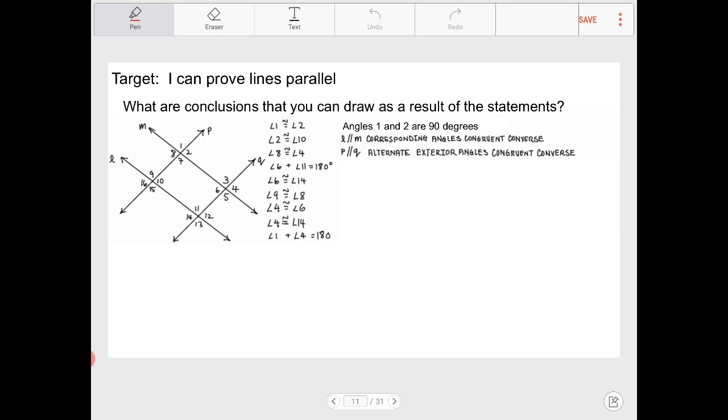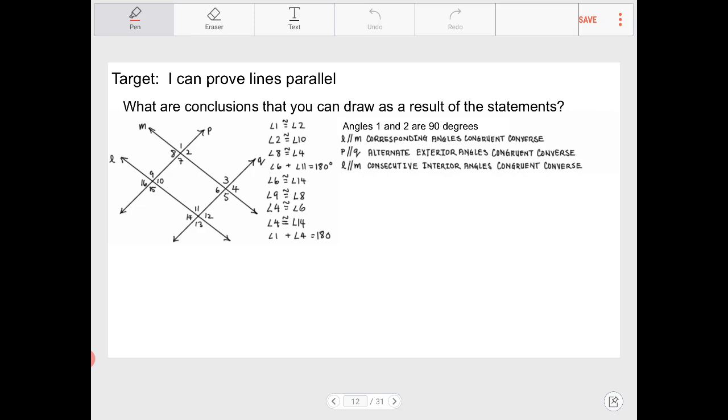Angle 6 and angle 11 are supplementary. Angle 6, which is this one right here, and angle 11, those two angles are supplementary. Those are consecutive interior angles to lines L and M. So once again, I can conclude that L and M are parallel because consecutive interior angles supplementary, converse.